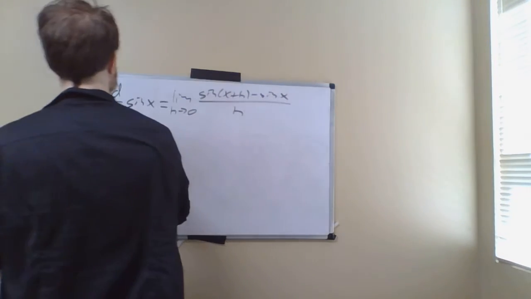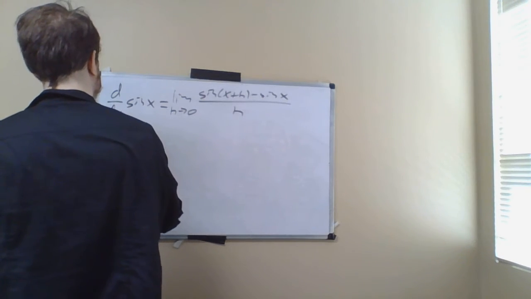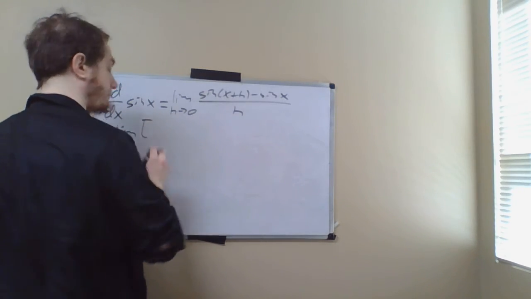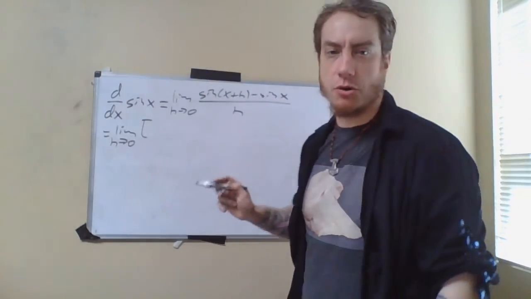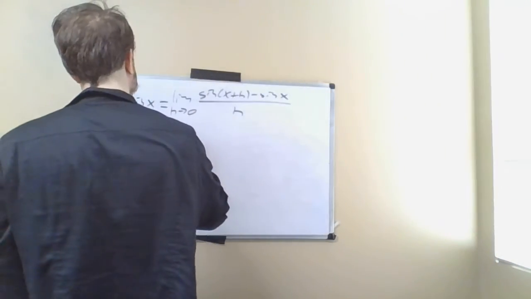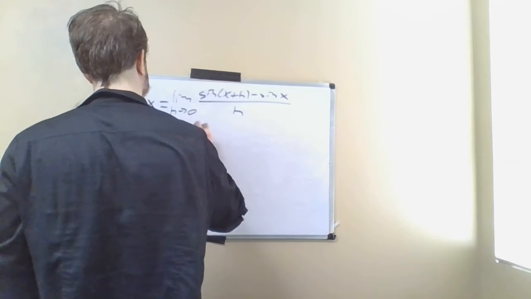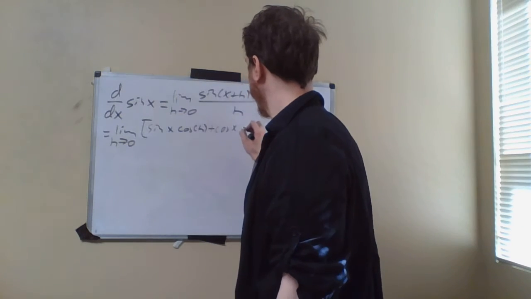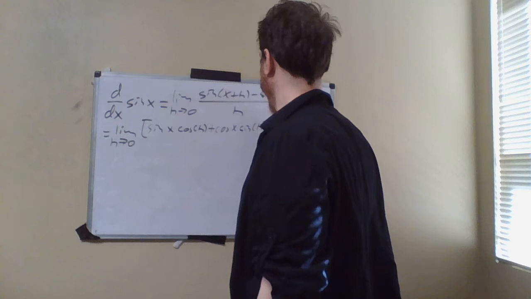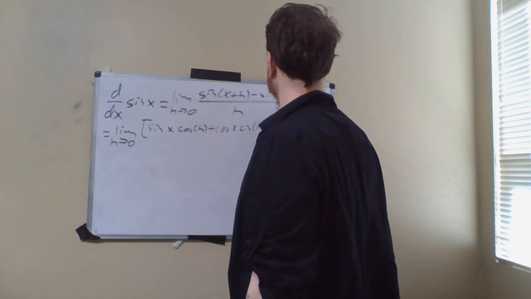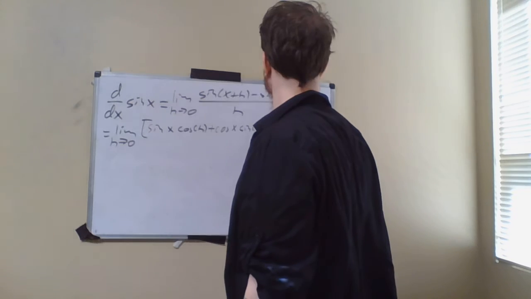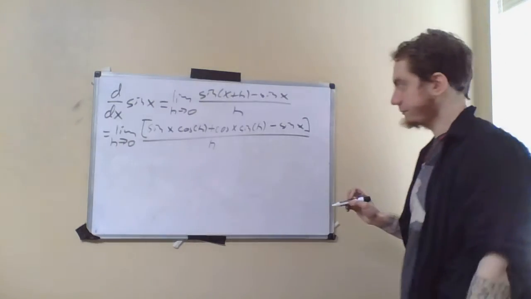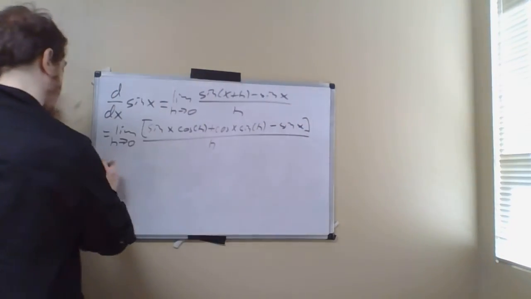So this is going to become equal to the limit as h goes to 0 of sine x cos h plus cos x sine of h, and then minus sine x, of course, divided by h.